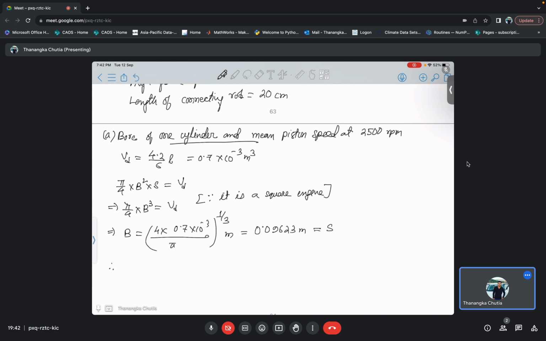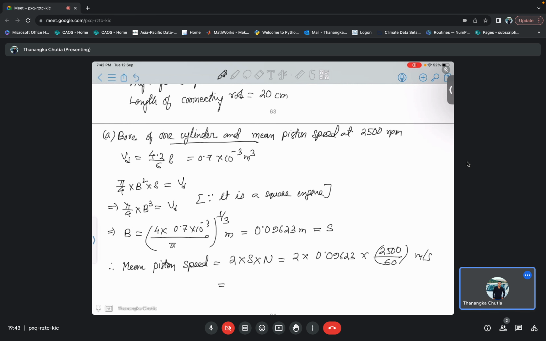Now therefore mean piston speed is equals to 2 into S into N. Okay, so that is 2 into 0.09623 into 2500 by 60 meter per second.